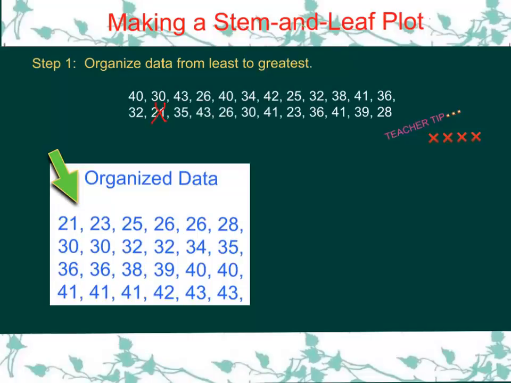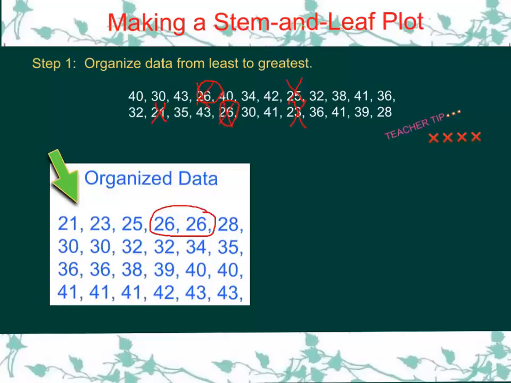After 21, we find the next number in order from least to greatest is 23. Then 25. And then after that, as you notice in our list, there are two 26s. So there are two that are listed in the list of data points, so we would record both of those.